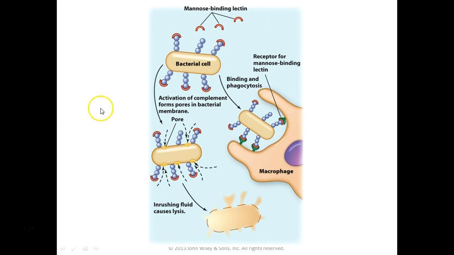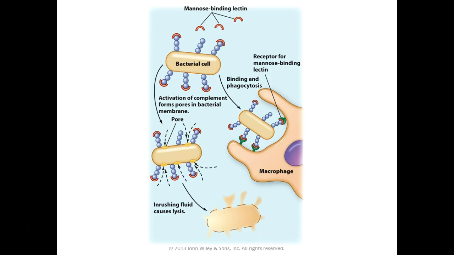So if you read here, it says activation of complement, which is a series of proteins that we're going to talk about that can do just this. They can cause pores to form in the membrane of microbes that we recognize and cause them to lyse. We can directly destroy them. We have proteins that will directly make pores in their membranes and cause them to lyse. That's pretty cool.